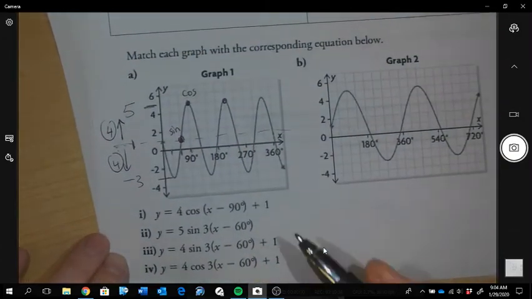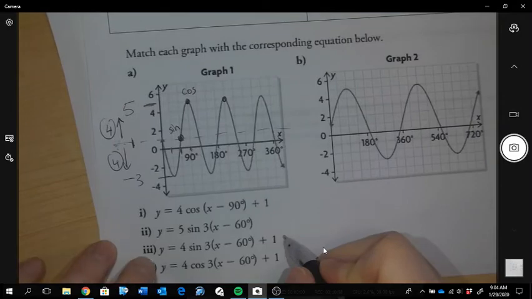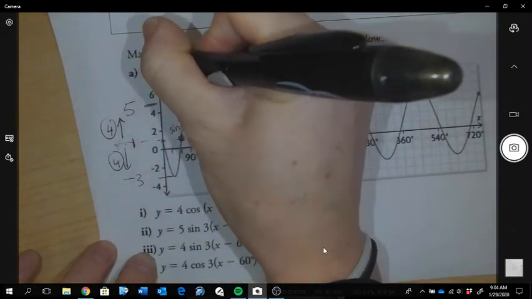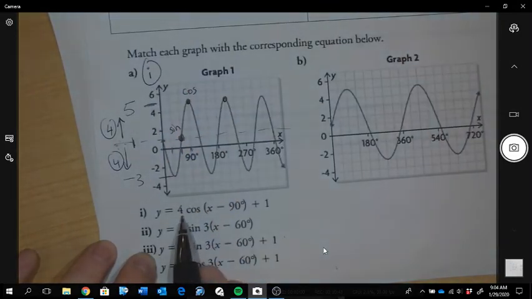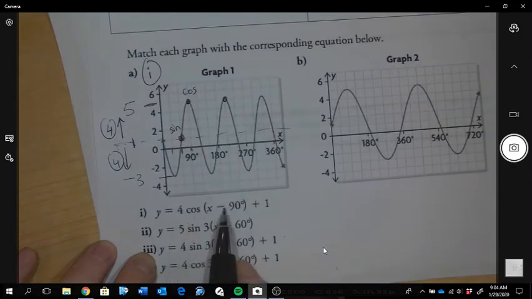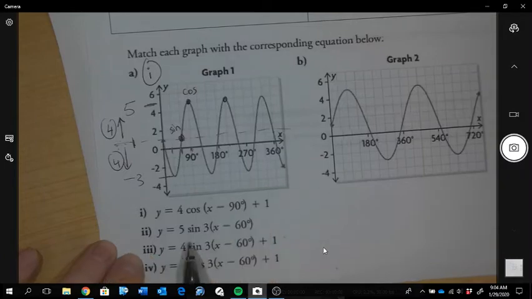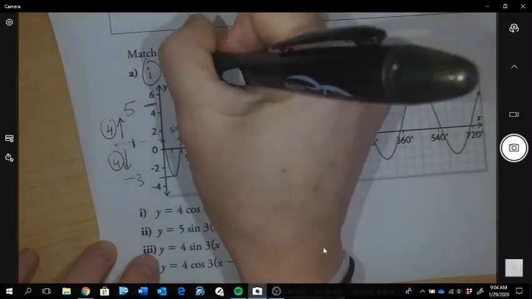Okay, so we have two options here. A could have been graph 1, stretched 4, moved the cos curve right 90, and the midline was at 1. Or it actually could have been graph number 3.